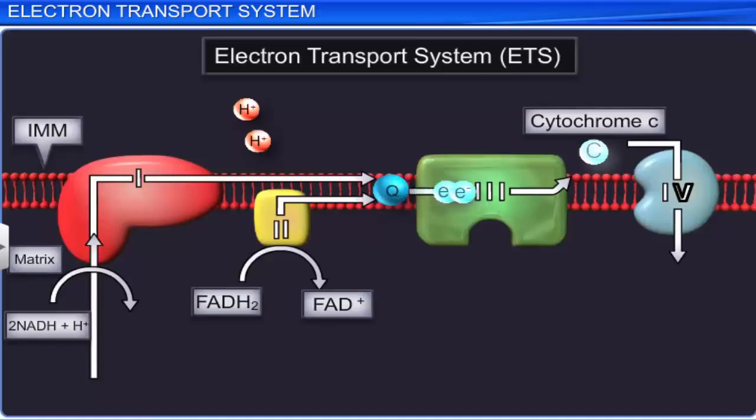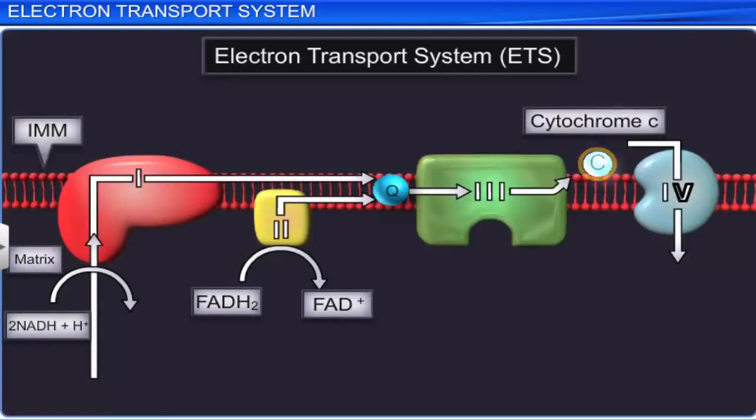Ubiquinone transfers the electrons to complex 3. Complex 3 transfers the electrons to complex 4 through cytochrome C. Here too, some protons are moved from the matrix of the mitochondria to the intermembrane space.